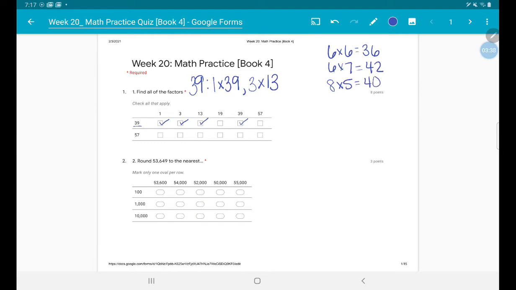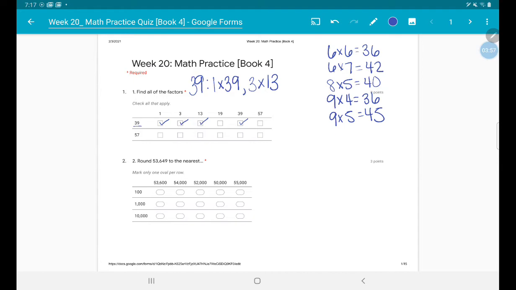So that would not work. Okay. If I go to 9, I know that 9 times 4 is 36. 9 times 5 is 45. So 39 does not have a factor of 9.